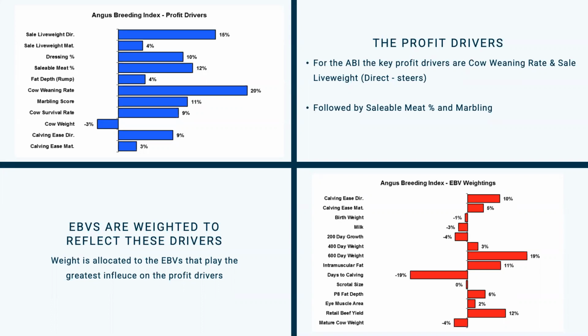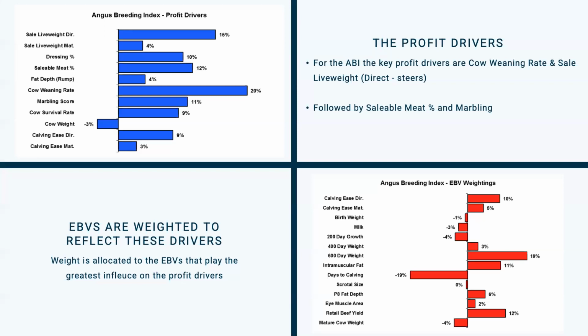So using an index gives you a very quick and short fire way to jump straight into a catalog and look at it and rank bulls on that index that's relevant to your particular program. And those bulls are genetically displaying the best combination of traits to suit that particular market.